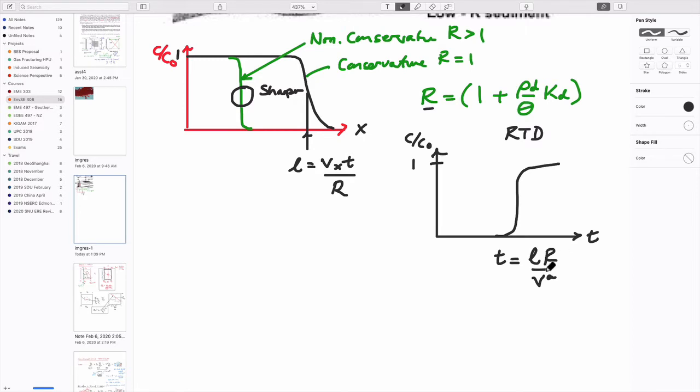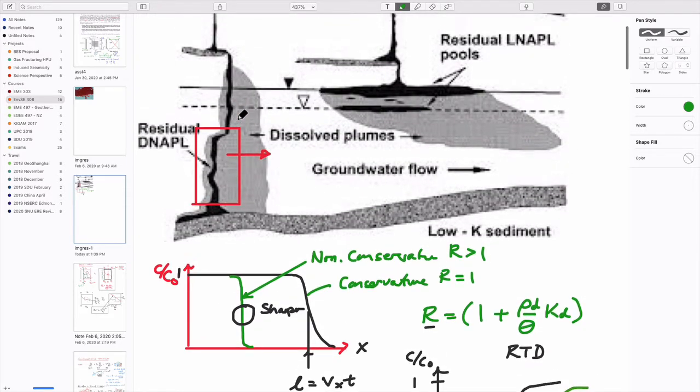And when retardation increases from 1, then if I go back to the green curve for the non-conservative case, it just delays this arrival. And I suppose this should be steeper than this, although it's not drawn that way, because of the front sharpening as a result of retardation. So that's the story so far.